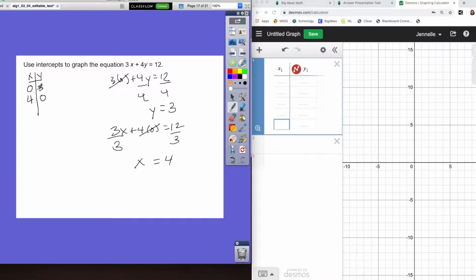So to make a straight line, you really should have 3 points, but 2 points using the intercepts is fine. And the intercepts are where they cross the x and the y axes. So I'm going to go over here to Desmos, and I'm going to use a t-chart, a table. So I have 0, 3, that's my first point. And notice, it is crossing which axis? It is crossing the y-axis.